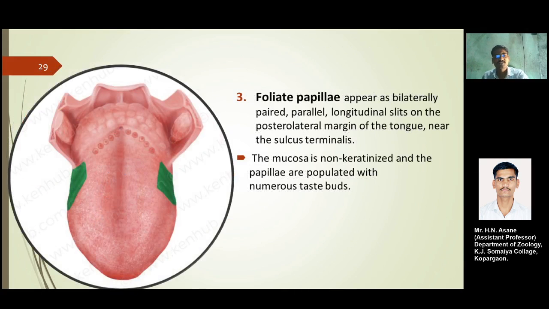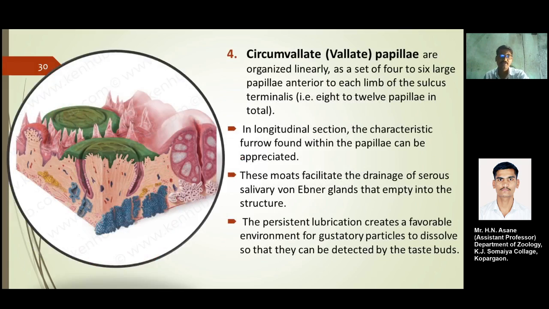As you can see in this picture, the linear organization has small circles along a single line, with a dome shape. These are the circumvallate papillae, the 8 to 12 circular patches in a linear arrangement.